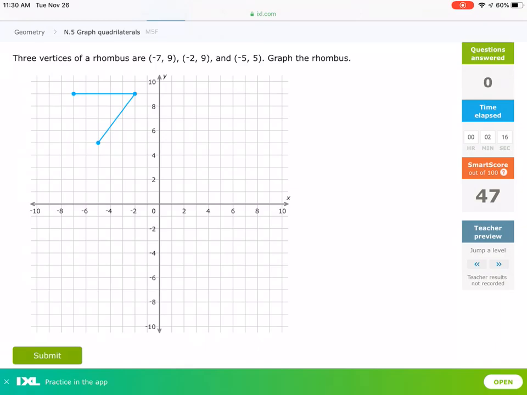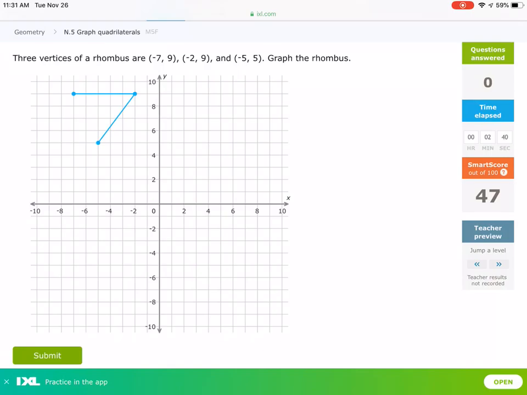And then it says we need to complete the rhombus. Well, the rhombus has to have opposite sides of the same length. If you look at the top line, it has a length of 5 units. It goes from an x-coordinate of -2 to an x-coordinate of -7.